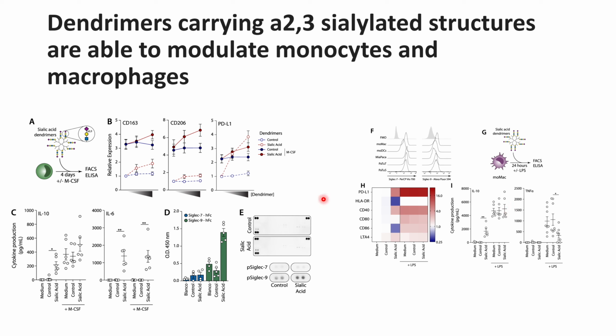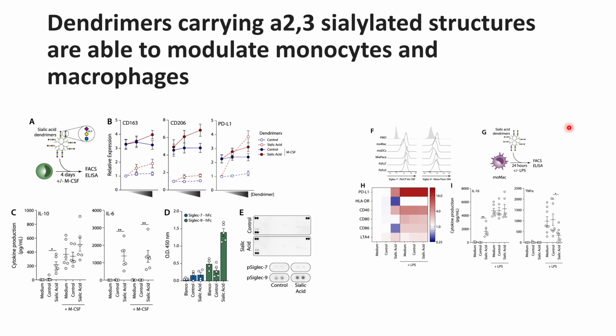However, there are some indicators that are reduced, such as HLA-DR and LTA4, and also TNF alpha, which is one of the immune suppressors, are also reduced in the case of the pro-inflammatory agent, that is LPS.